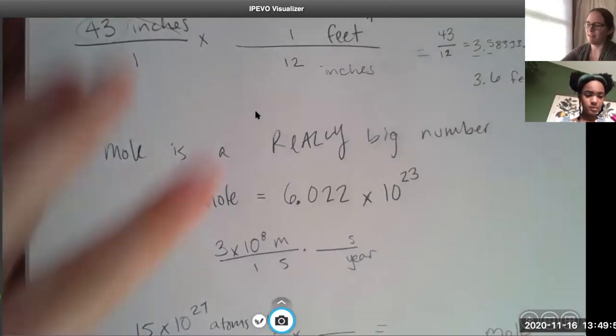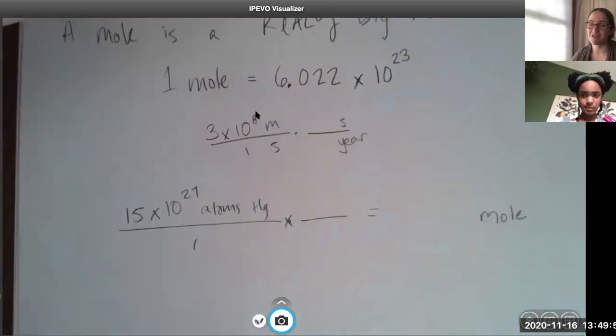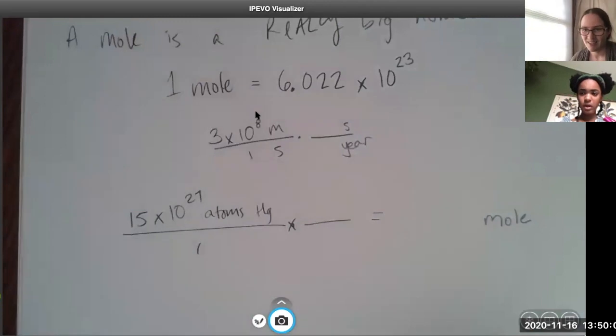And it's just a conversion factor. So would we put the moles on the top line and then 15 times 10 to the 27th on the bottom, or do we just put 1 on the bottom as well?